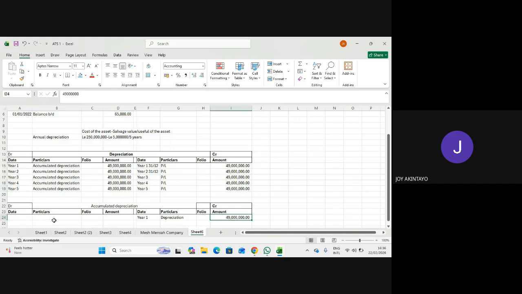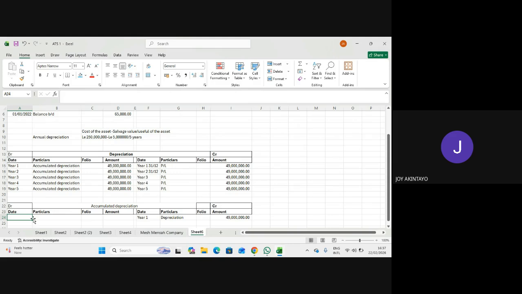Because this accumulated depreciation account is actually needed for us to record it in our statement of financial position. It is needed for the sake of what? Our statement of financial position. Are we together?